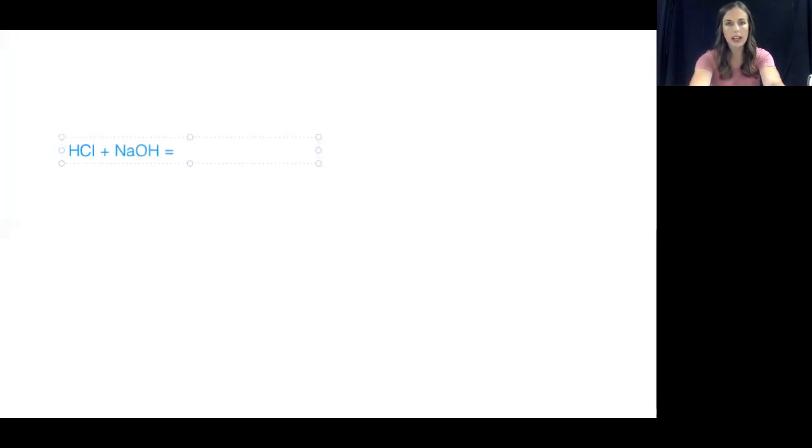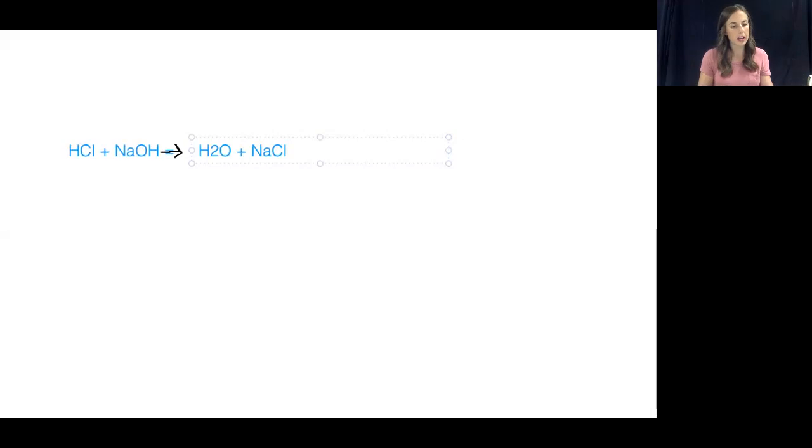And then I can't do an arrow, so I'm just going to do an equal sign for you guys, but just know this is actually an arrow here. We're going to react these together, and you'll get H2O. I apologize that it's not a subscript. And NaCl. So this is your chemical reaction.